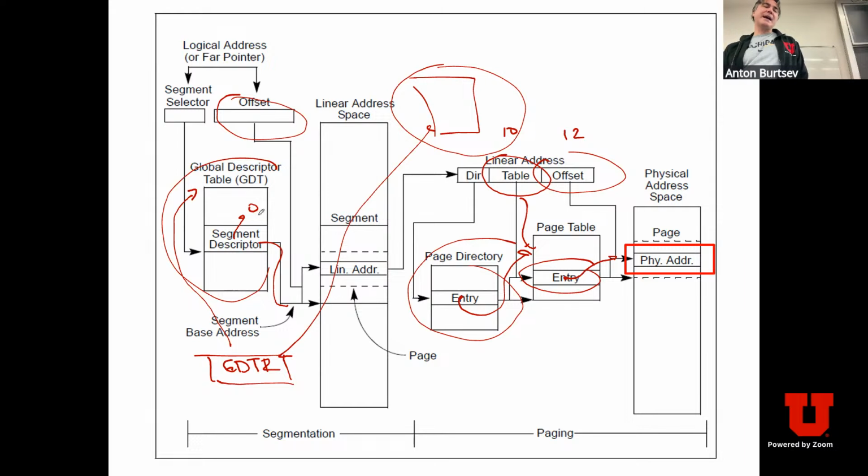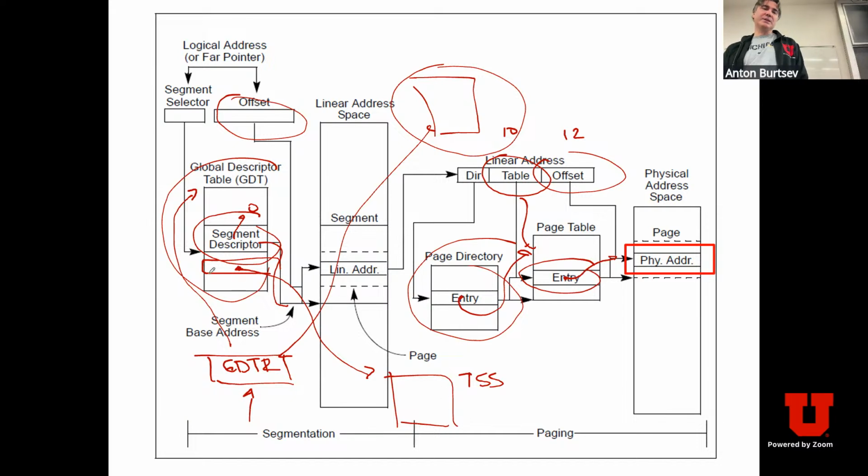And the only segment which x86 is using is what is called the task state segment. I will explain it later. Bear with me. It contains a pointer to the kernel stack, if someone knows what it means. And you say, look, instead of changing the global descriptor table register, I will just go into the table itself and change the pointer or the offset of what is called a task state segment.